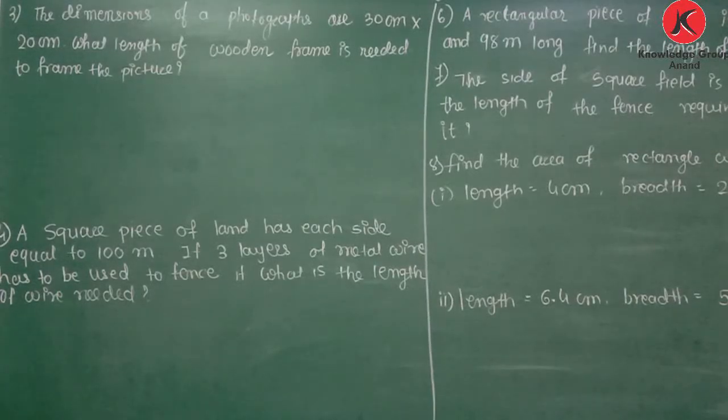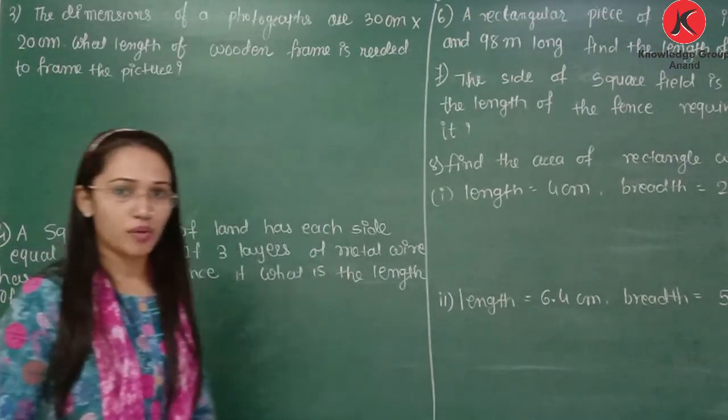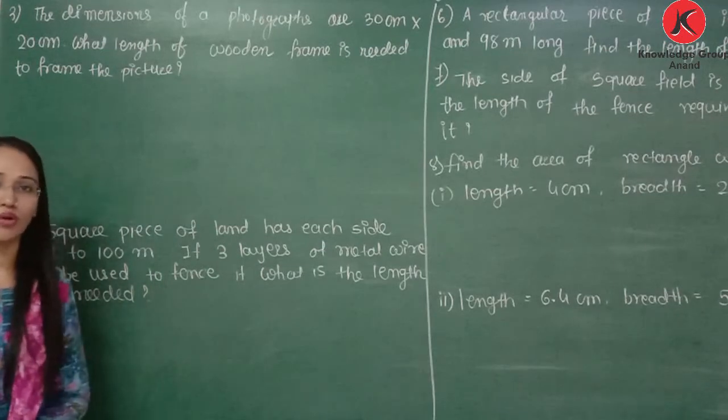Now next, the dimensions of a photograph are 30 centimeter multiply 20 centimeter. What length of wooden frame is needed to frame the picture? Picture is there and we need to frame that picture. Now framing means it is covering the outer boundary and outer boundary means it is about the perimeter.